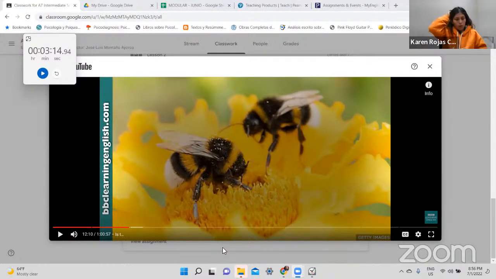Also mention that bees are disappearing in many parts of the world, and this will cause a problem because the bees, as I say, they have the job to pollinate plants.